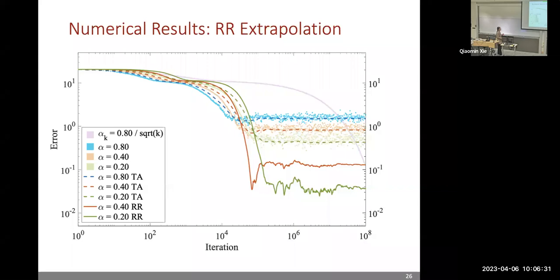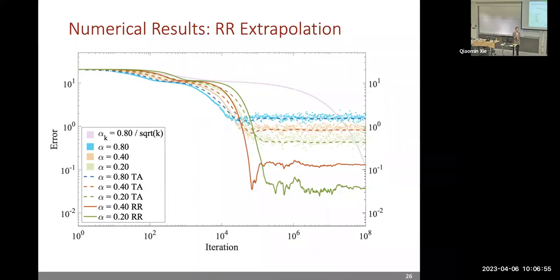The red solid line uses two step sizes, the blue one and the red one, and we can see it significantly reduced the bias here. The green one uses the two iterates, the red one and the green one, and we can see it also reduced the bias. So here we only use two iterates to reduce the bias.